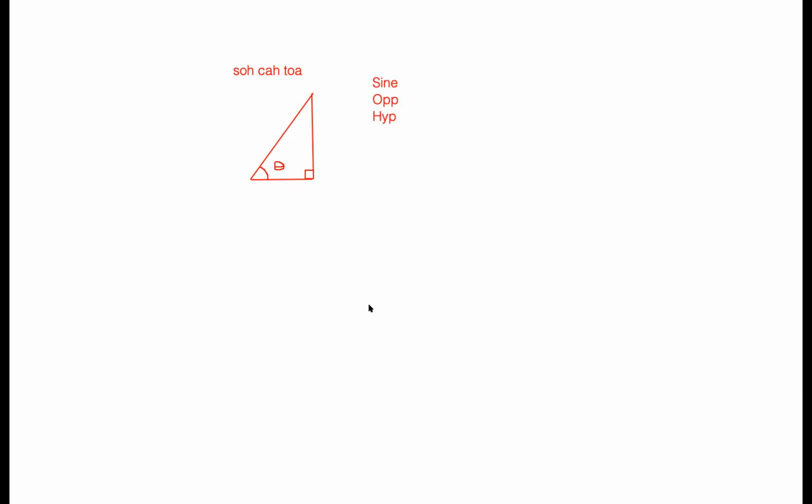So what that is saying is that the sine of an angle, we'll say theta, is equal to the opposite side of the angle divided by the hypotenuse, as shown here.